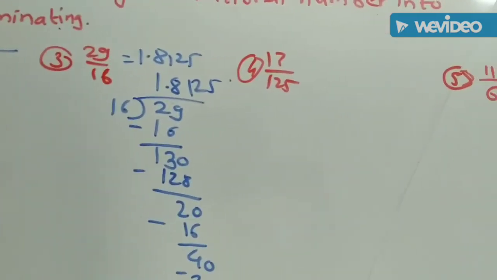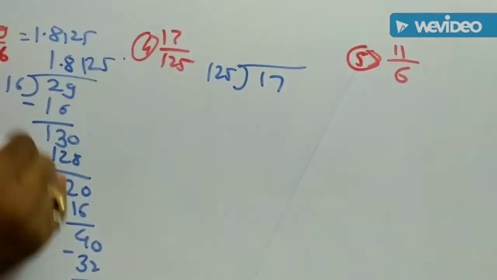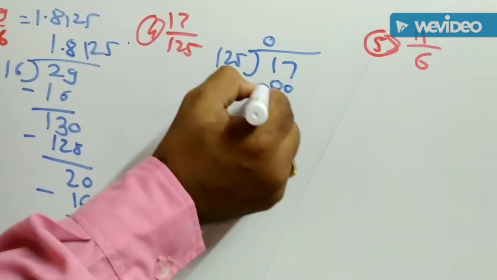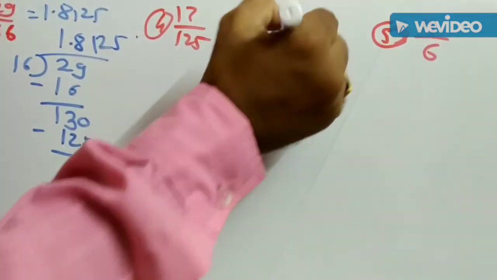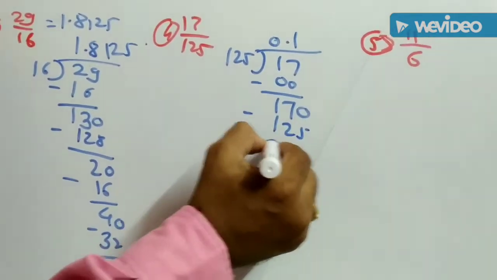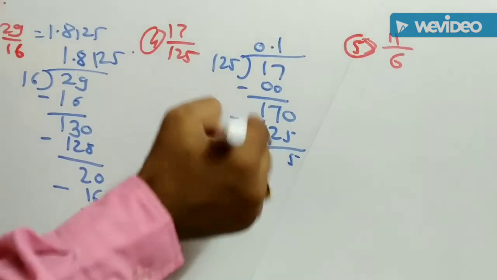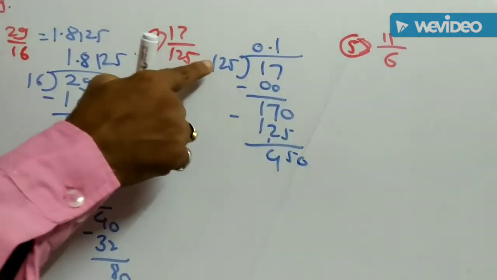Then fourth example, 17 divided by 125. 17 is not divisible by 125, therefore first we put 0, taking 0 and decimal point, 125 ones are 125, then we get 170 minus 125 is 45, taking 0.